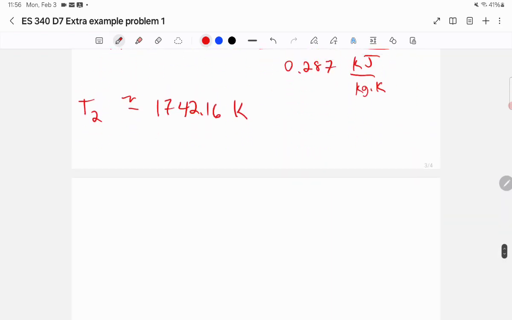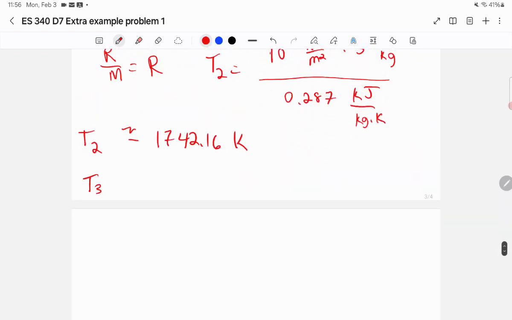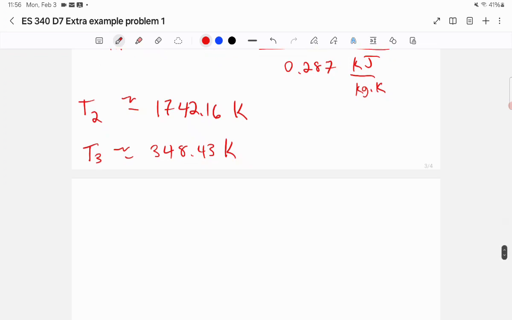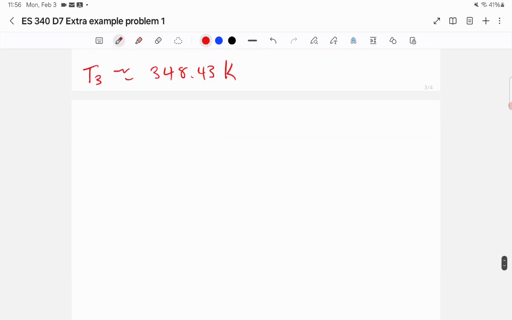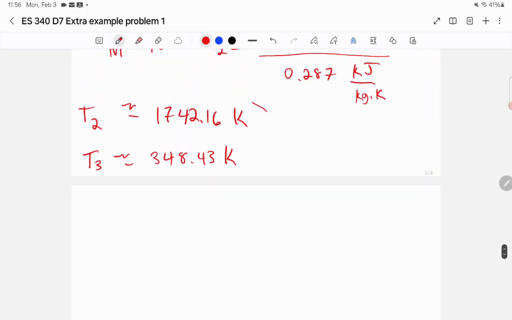And doing the exact same process, we find T3 is approximately 348.43 Kelvin. And so we can keep going for this problem now, because we now have the values of these temperatures.